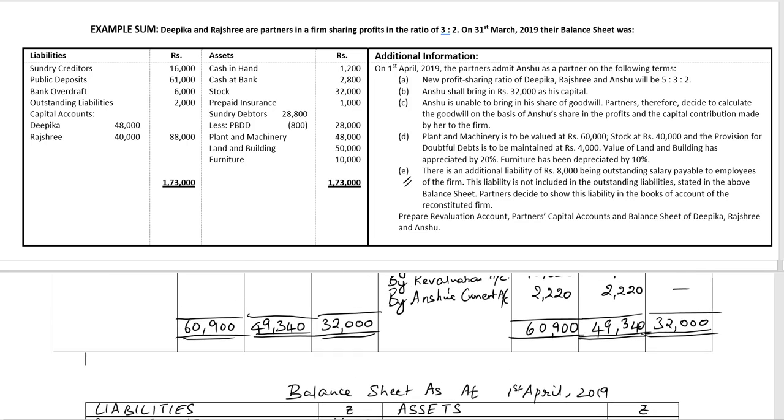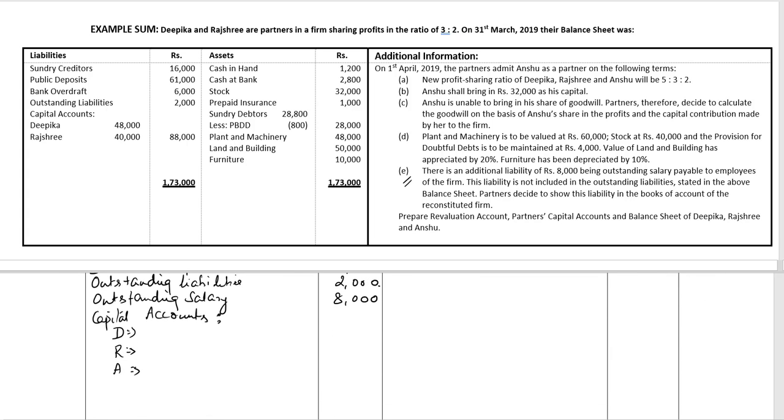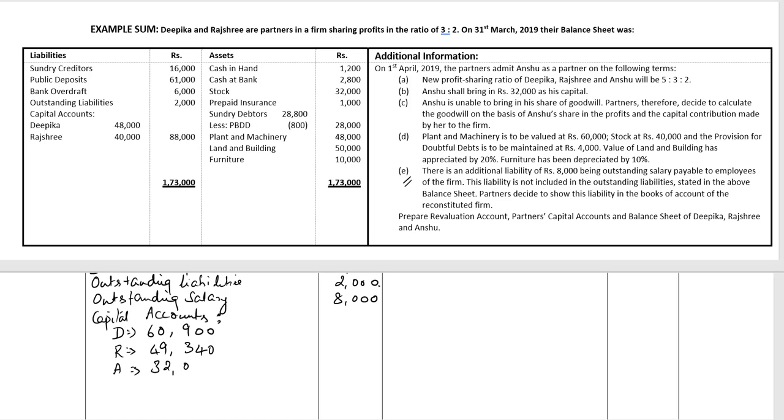We'll refer to the partners' capital accounts to get the capital balances. 60,900, 49,340 and 32,000 rupees. Totals to 1,42,240 rupees.